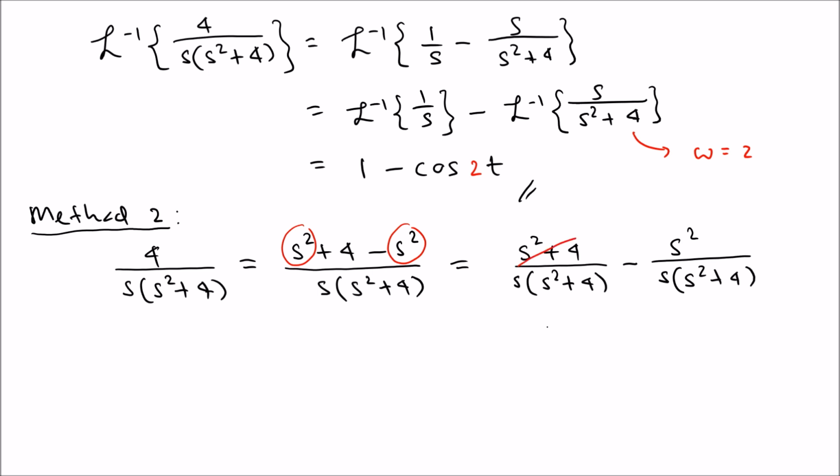This term cancels with that term, so you simply get 1 over s, minus, and you can cancel one of the s's, so you only get s over s squared plus 4. This is exactly what we want. It's the same answer that you get from partial fractions, so that's a quick way to get the answer.